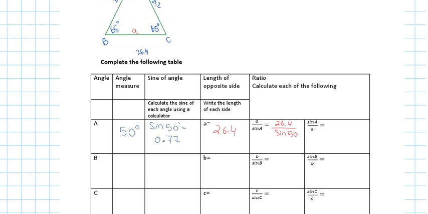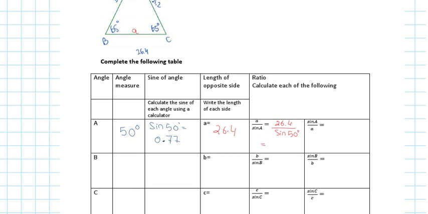What does that give you? 34.5. Now we need to do sine A over A. We'll talk about why we are doing this after. So sine 50 over 26.4.